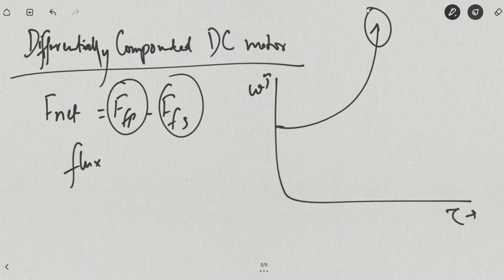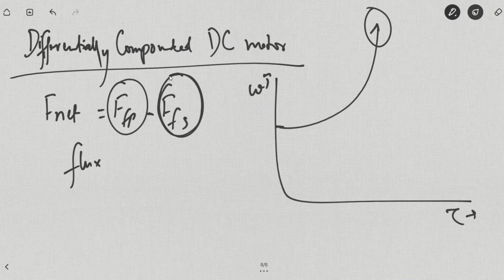It can even be that FFS may be greater than FFP. That will actually result in a negative flux being produced in this system. That will actually cause the motor to rotate in a different direction, and all of this will cause the motor to overspeed.